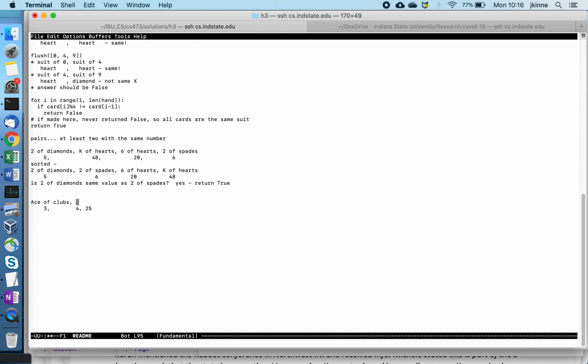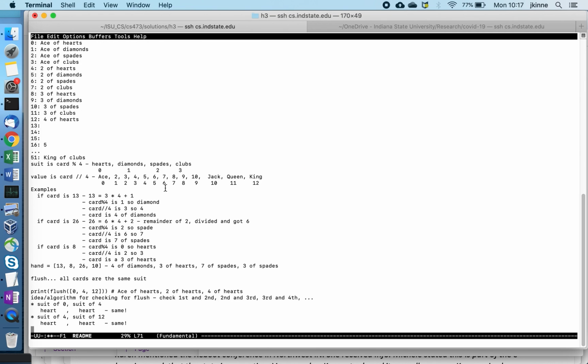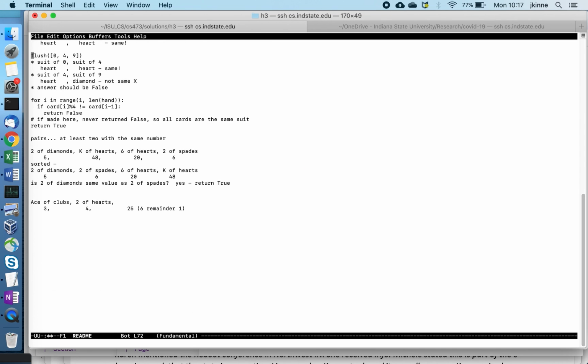A 4 is going to be a 2 of hearts. 25, we're going to get a 6 remainder 1 when we divide by 4. So let's look up here. 6 is a 7, remainder 1 is a diamond. So 7 of diamonds.